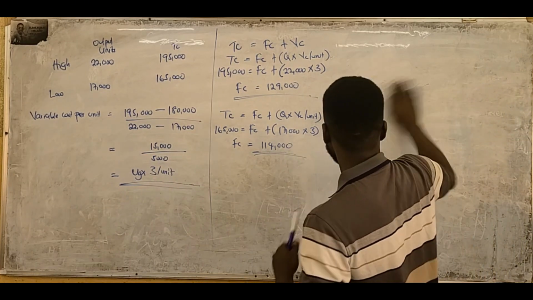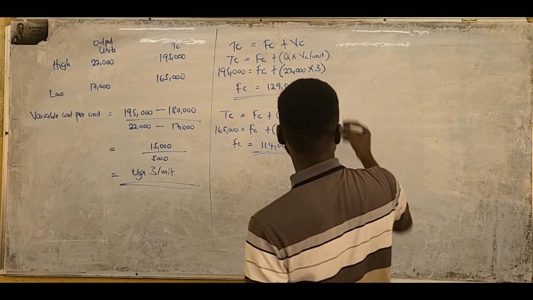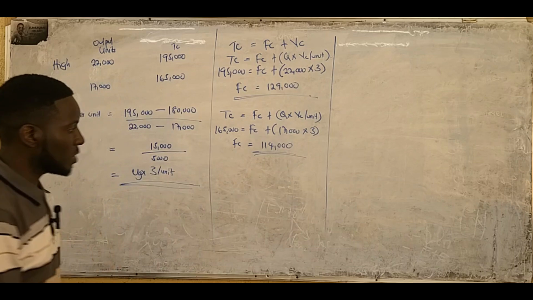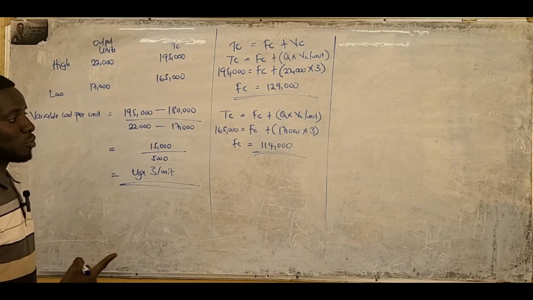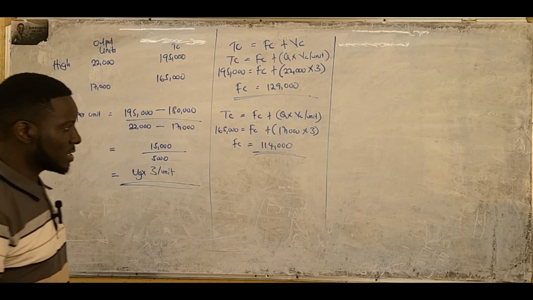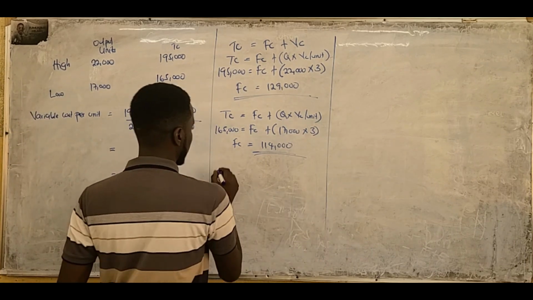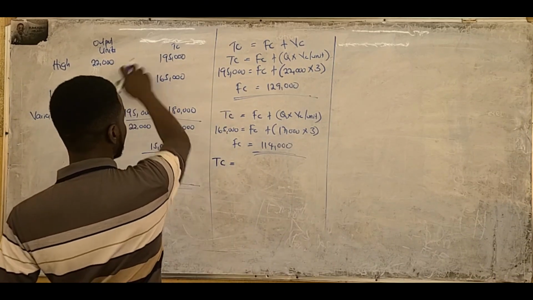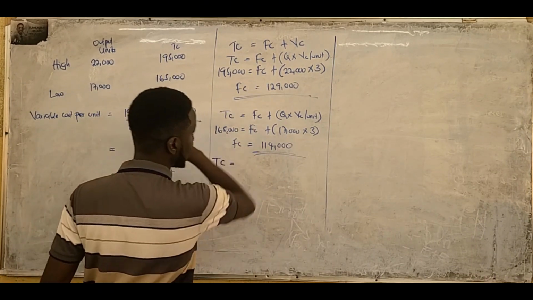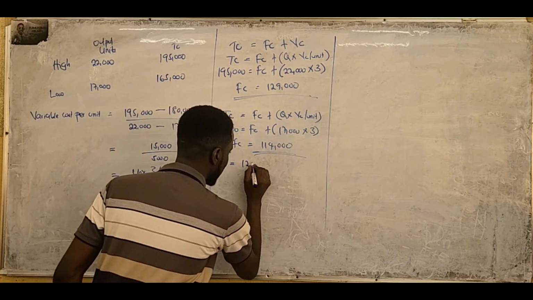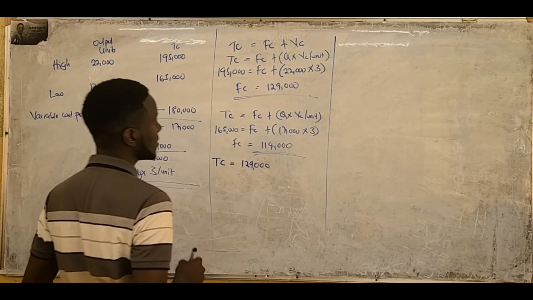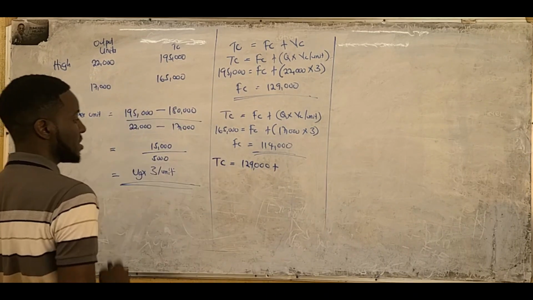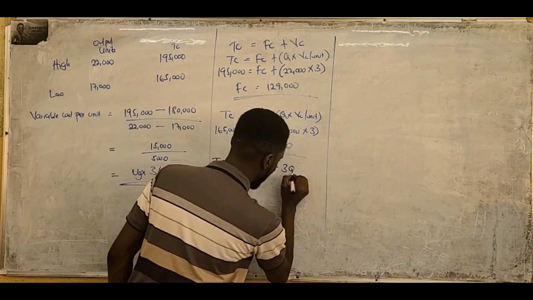So now we're supposed to go ahead and do something. Remember they told us we're not supposed to end here. We're supposed to come up with the total cost equation. Now, the total cost equation for the high is going to be: total cost equals our fixed cost, 129,000, plus our variable cost per unit, which was 3, so we shall have 3Q.